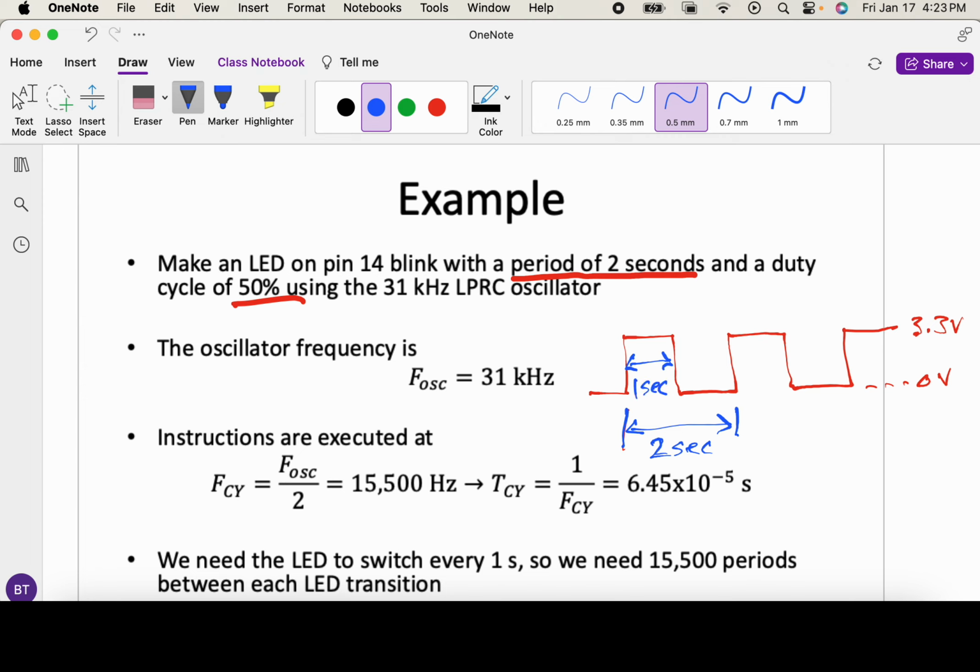So every second we want the LED to turn on, and then the next second we want the LED to turn off.